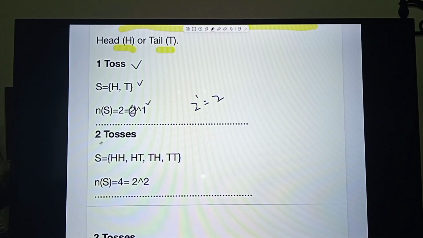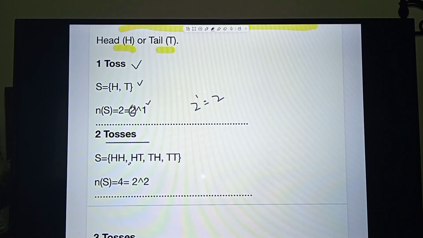On 2 tosses, when 2 coins are tossed at once, the sample space will be this. The first may appear head, the second may appear head. The first may have head, the second may have tail. The first may have tail, the second may have head, and both may have tails.